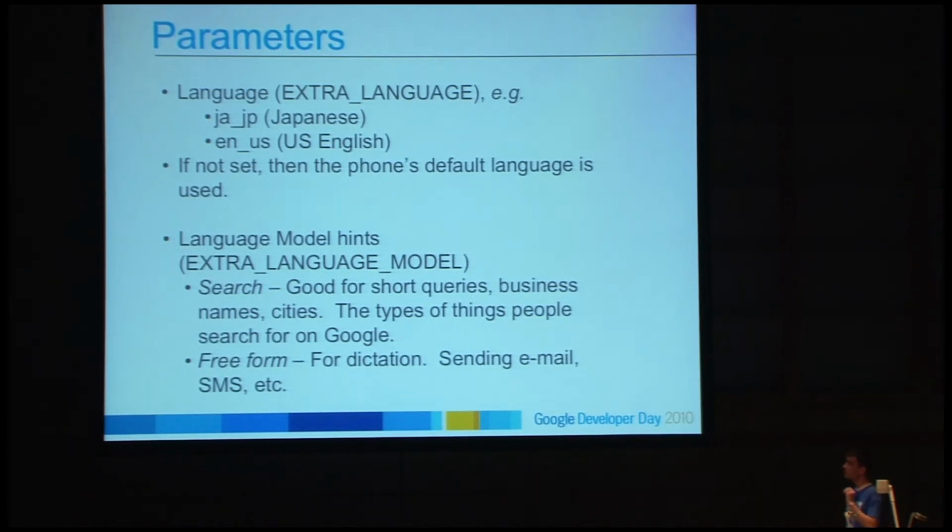It's very well tuned for if you expect the user to say the types of things they might search for on Google. Things like businesses, cities, names of celebrities, just anything you might search for on Google. Freeform is for dictation. So if you expect the user is sending an email, sending an SMS, et cetera, then you might want to use dictation.